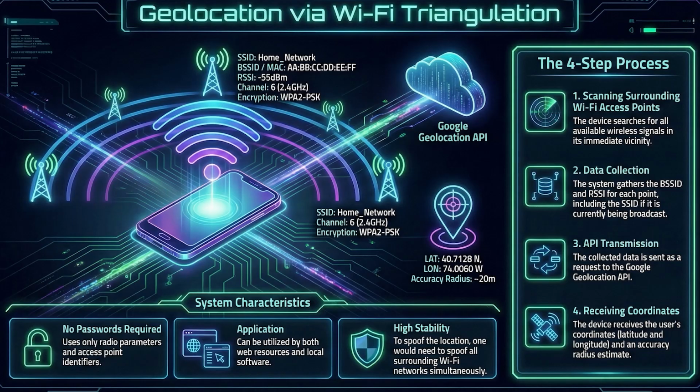Accordingly, having received information about the Wi-Fi networks around you, local software, or a browser, or a web resource can make a request to one of the public databases in which information about worldwide Wi-Fi networks is stored. This can be the simplest option. It can be the Google Geolocation API.